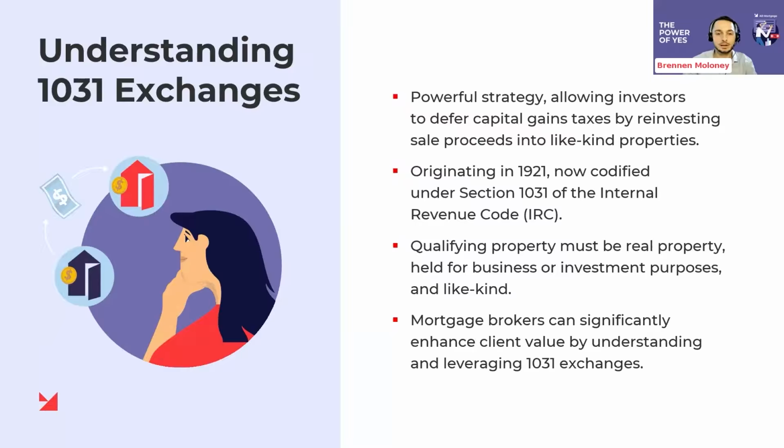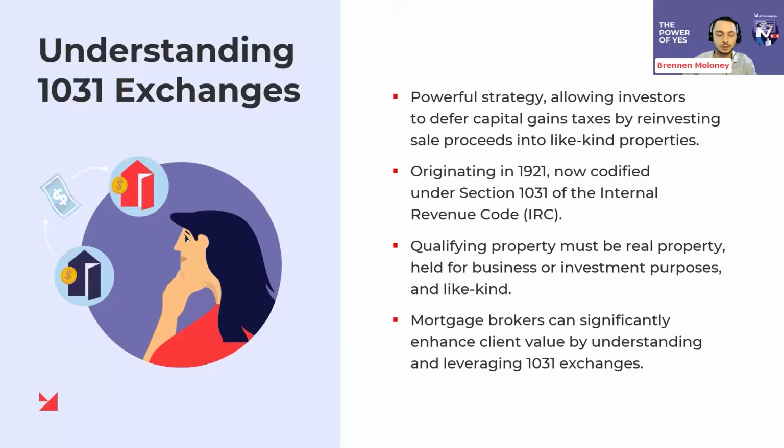Yeah, so like kind is not necessarily single family to single family. It could be single family to condo, residential to residential. And when you read resources such as the IRS website or investopedia.com, you'll see that they actually have it fairly open to interpretation for a like kind property.